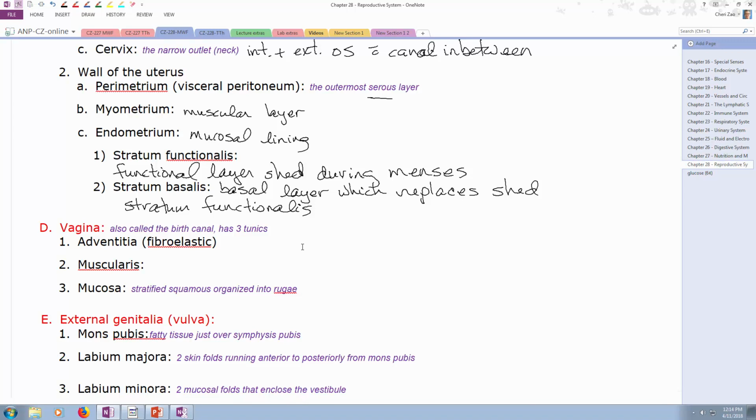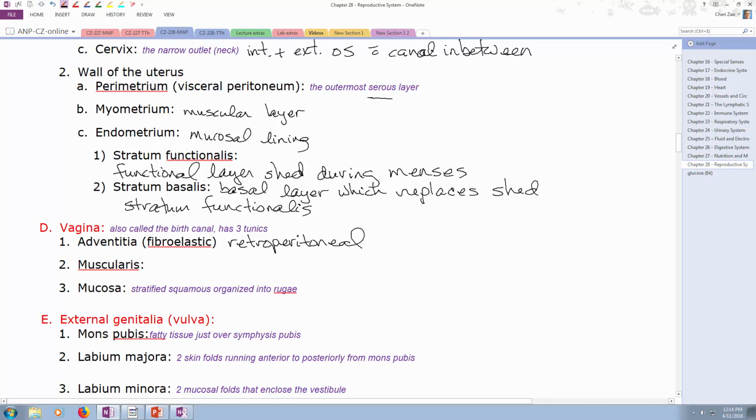So that's the vagina, also referred to as the birth canal. 3 layers to it, or tunics. Adventitia is fibroelastic, allowing it to obviously have some distension. And because we have adventitia now, you have to realize we are retroperitoneal.